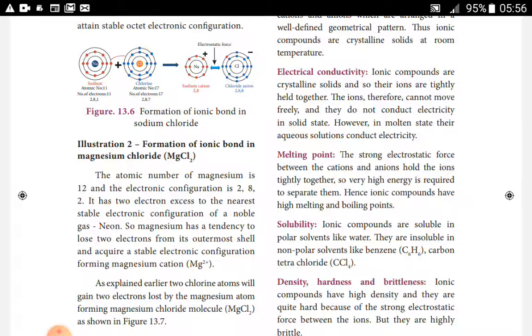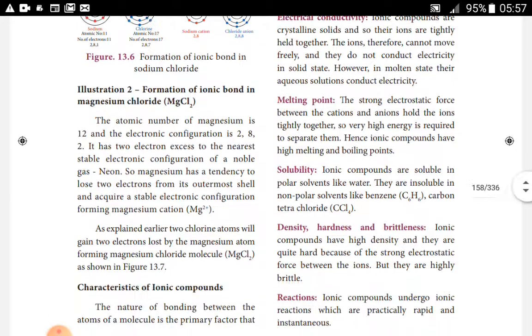But when they are in the molten state or aqueous solution state, they may conduct electricity. And melting and boiling points are high because it is not easy to break the electrostatic force of attraction. It needs extra energy to break the bond, so the melting and boiling points are high.